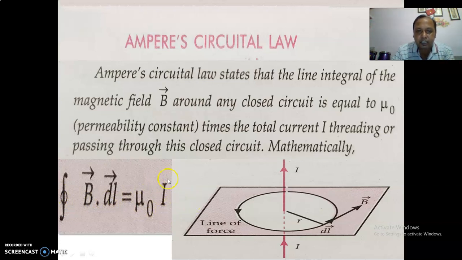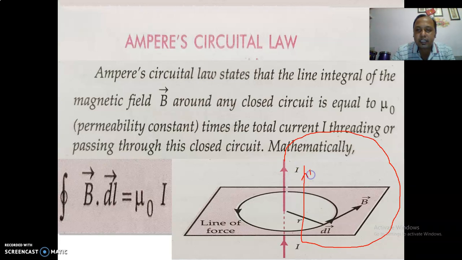Now you need to understand what is total current. Through this circular loop, as shown here, the total current which is passing through it is I. Now let me take an example. Suppose I choose to bend the wire somewhere. Suppose this is the wire which is going, and I bend the wire and take it in this path as shown here, and then I make it pass through the loop again.